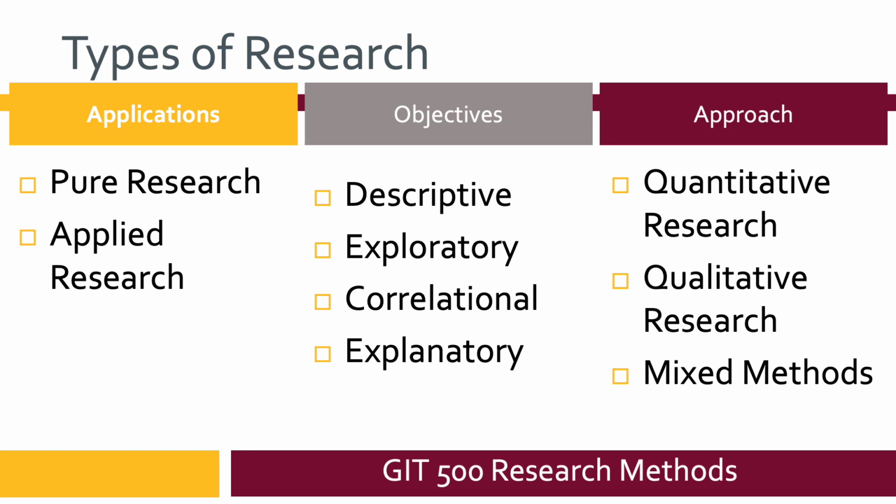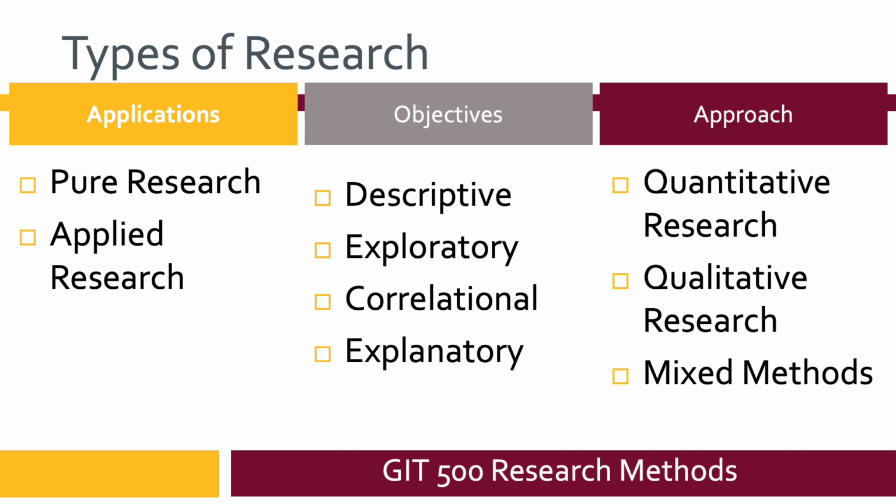There are lots of types of research, but they kind of go into these buckets. I'm going to go through this very quickly. This is in the book. There are two applications of research. There's pure research and applied research. Pure research is what they typically do in medical situations, just developing a lot of theory.